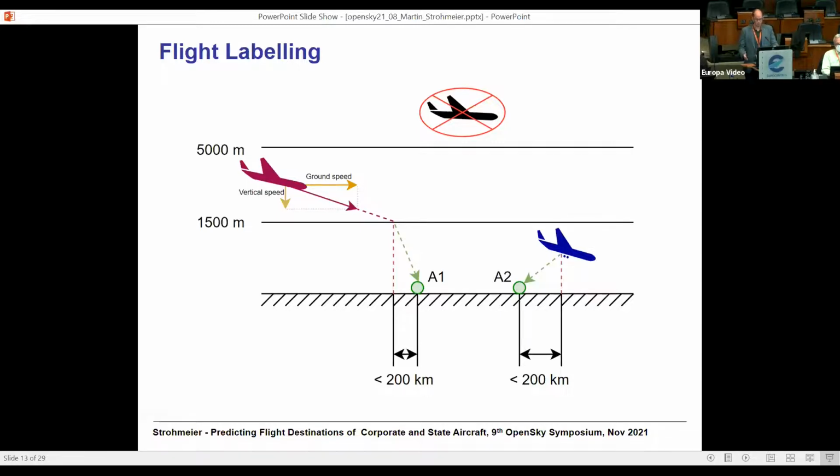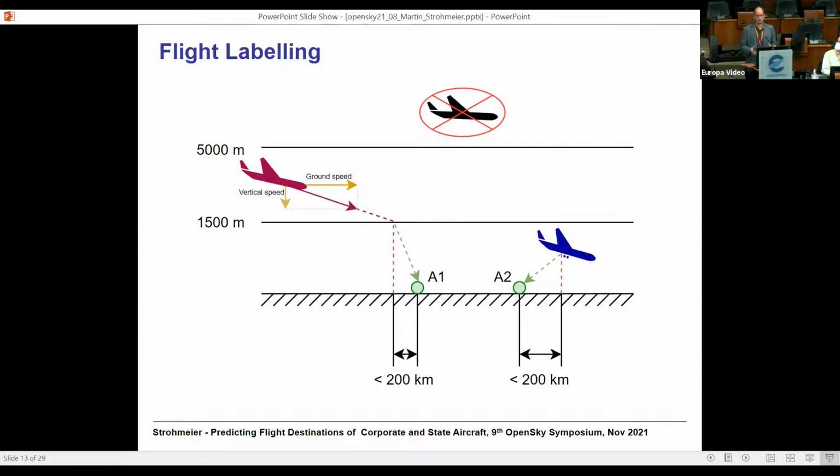If it's already below 1,500 meters, we probably get a pretty good idea where it's going to land. We also do this in a not particularly sophisticated fashion. It's still looking at the nearest airport and not incorporating any information on the basic approach trajectories at specific airports.